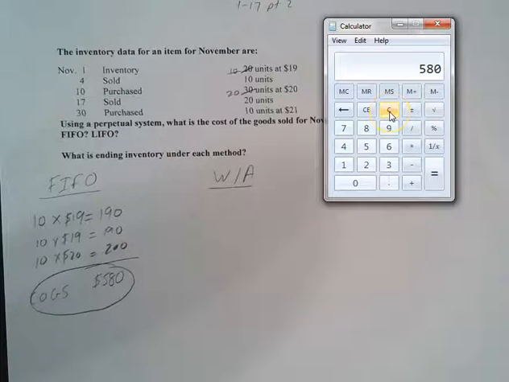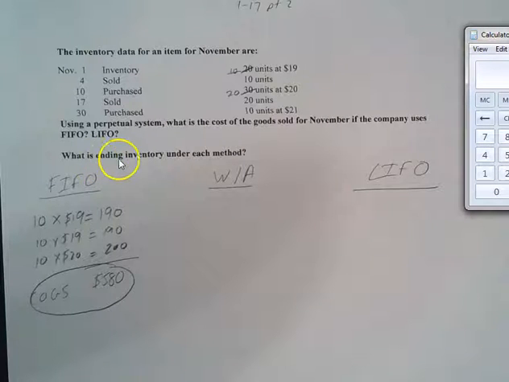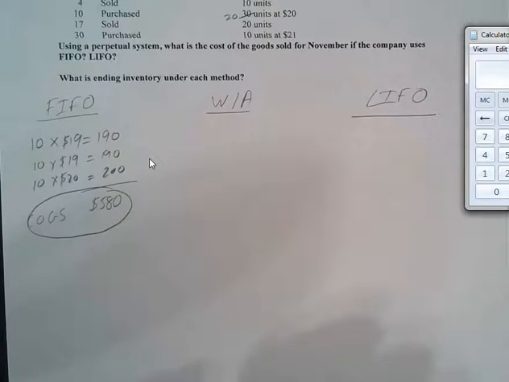All right, now the question says, what is ending inventory under each method? So we have to look at what we have left. Sticking with FIFO, we still have 20 of these units here at $20 a piece.